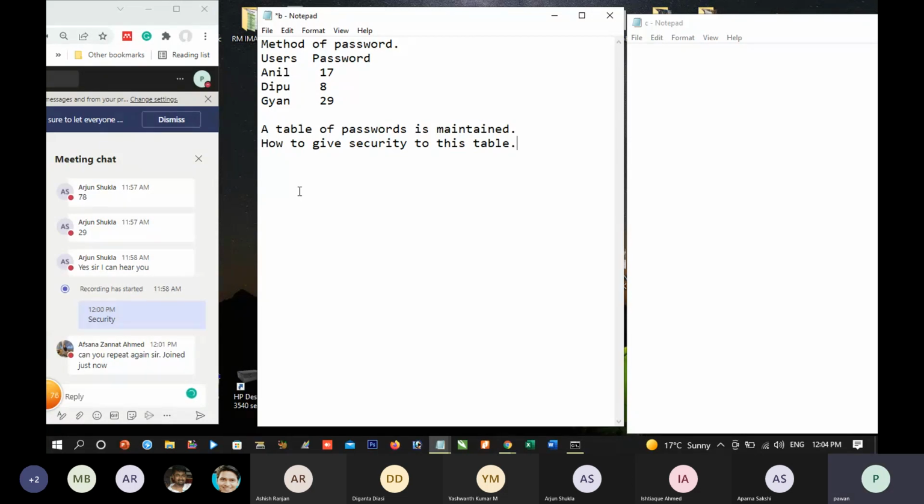So this is what I want to ask. How to maintain the security of this table? Do you have some suggestion in mind? Is it correct? Yes. And you may even ask some other question also.